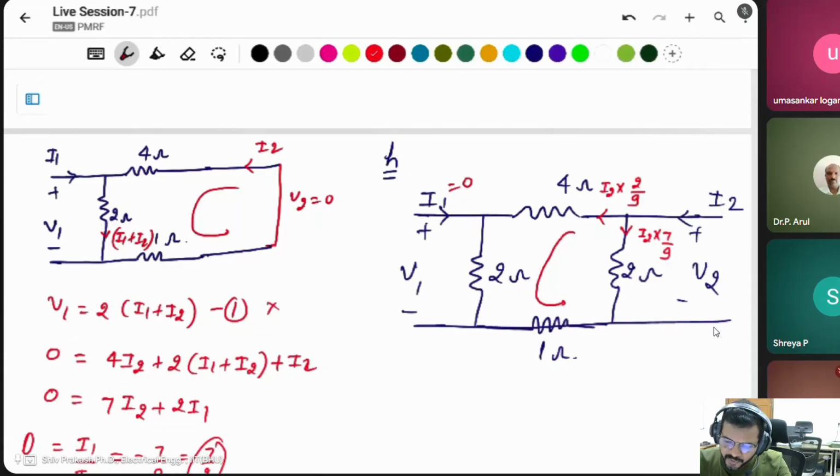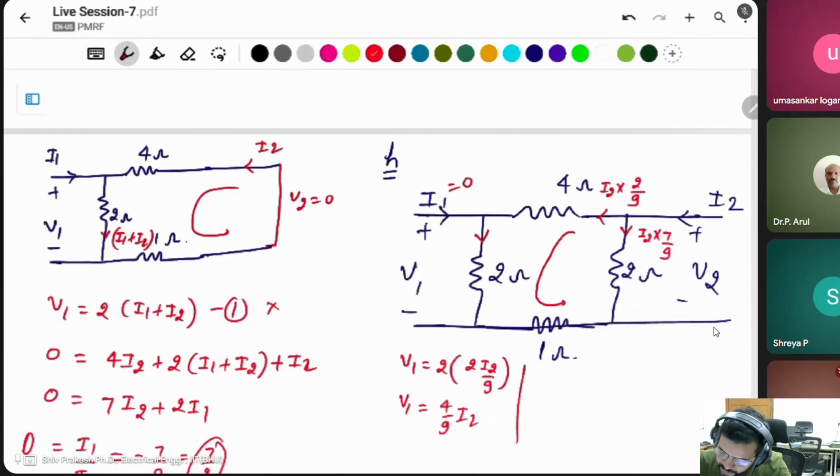Then you have to find V1 and V2. What is V1? V1 is the current flowing through it times the resistance. V1 is equal to the 2 ohm resistor times the current 2 I2 by 9. So V1 is equal to 4 by 9 I2.